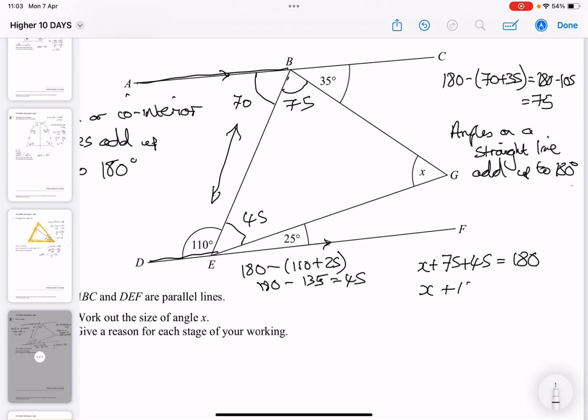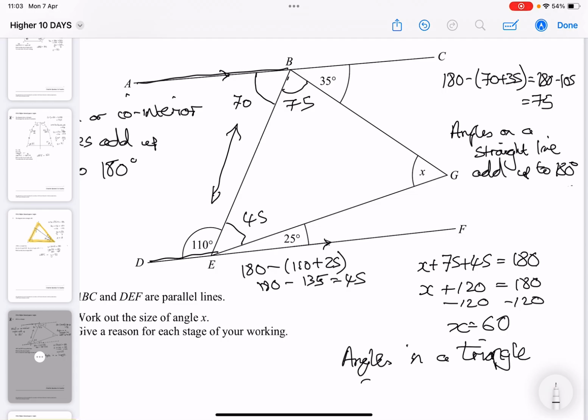X plus 120 equals 180. Take the 120, take the 120. So x equals 60. And the reason for that is angles in a triangle add up to 180 degrees.